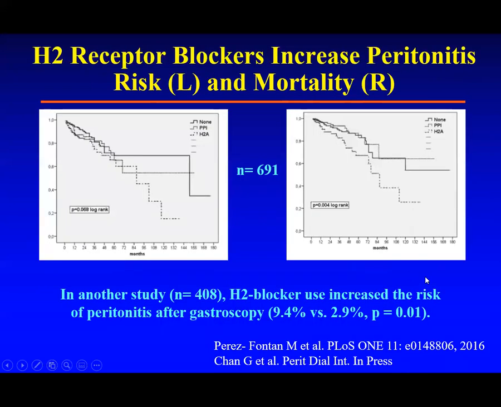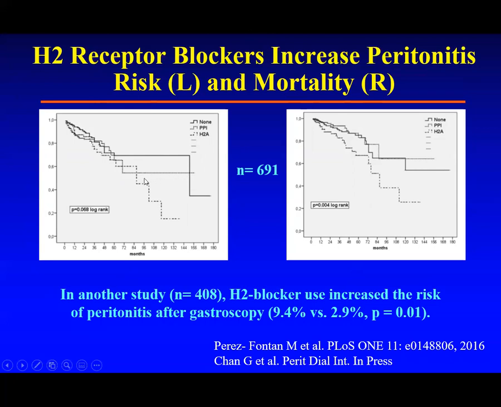And then finally, the role of H2 receptor blockers. Again, you can see on the left, the risk of peritonitis, on the right, mortality from peritonitis, compared to patients using no anti-acid therapy or patients using a PPI, shown in the dotted line.